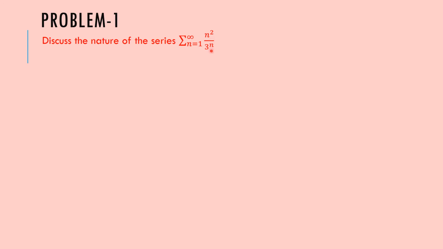Whenever the nth term of the given series is of the form f of n power g of n, that means if there is n in the power, then we prefer the Cauchy's root test. The Cauchy's root test here.